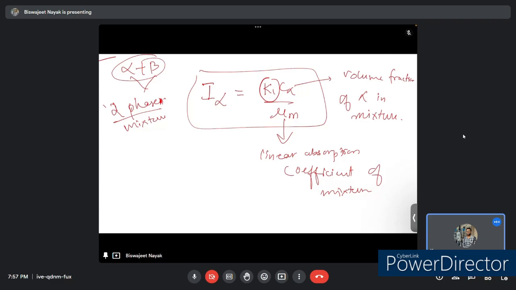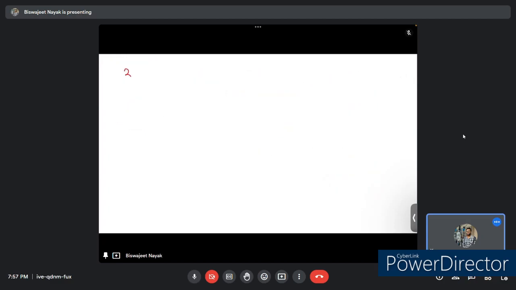and mu m is replaced by mu. So here our intensity is modified by K1 C alpha by mu m, where C alpha is the volume fraction of alpha in the mixture. Here basically we are considering a two phase mixture.